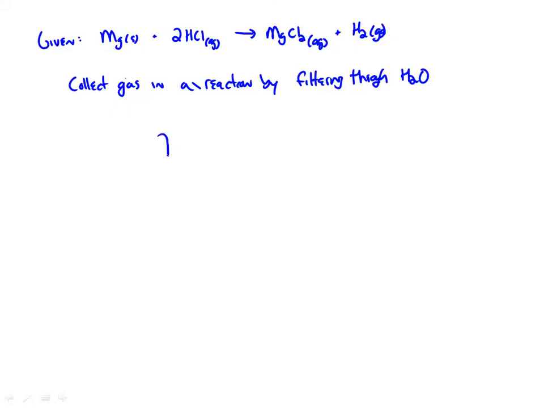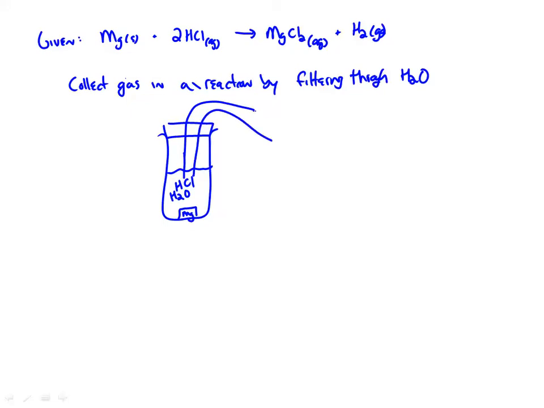So if I had my beaker like this, here's my HCl. Of course, this is an aqueous solution, so there's water around. Then I have my little piece of magnesium. I, of course, have to put a cork in it, otherwise my gas all escapes. And what I do is I put a tube like this, and I collect the gas.